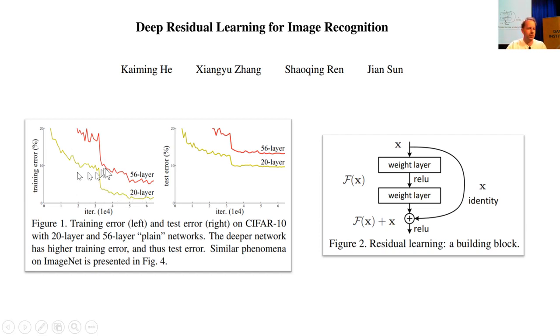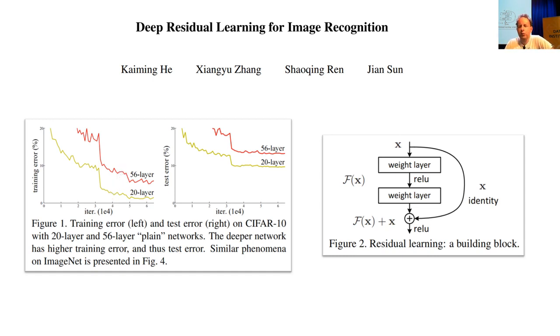Let's try a 20 layer one and a 56 layer one on the training set. The 56 layer one has a lot more parameters. It's got a lot more of these stride 1 convs in the middle. So the one with more parameters should seriously overfit. You would expect the 56 layer one to zip down to 0-ish training error pretty quickly. And that is not what happens. It is worse than the shallower network.